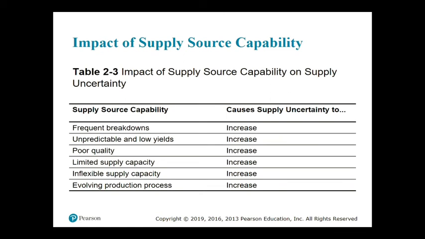So another element that has impact on uncertainty is the impact of supply source capability on supply uncertainty.